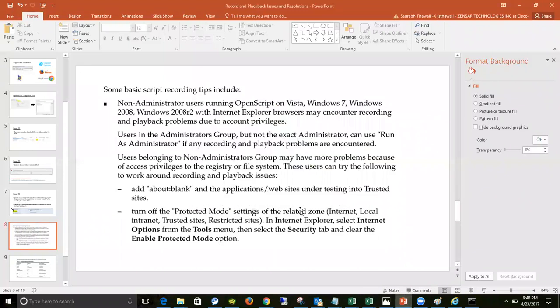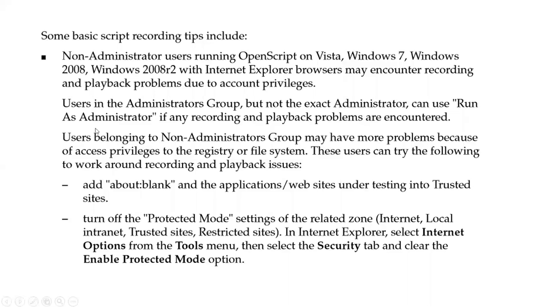Fine. Another tip: users belonging to a non-administrator group may have more problems because of the access privilege to the registry or file system. These users can try the following workaround for recording and playback issues.